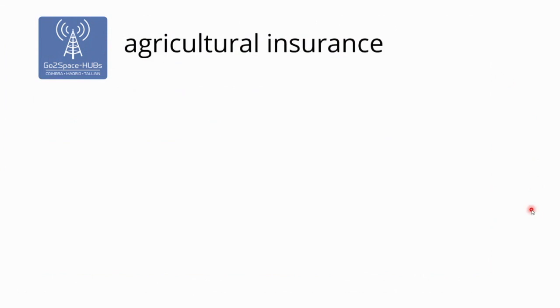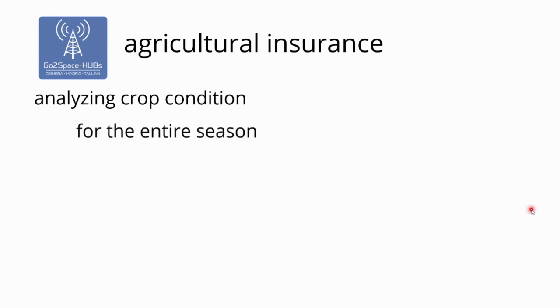Well, another way to use remote sensing. Of course, we know that using satellite images we can analyze crop condition. We can use, for example, vegetation indices to do it. But what's important, especially when we use Sentinel data, because what I forgot to say, and it's a very important thing, is that Sentinel satellites take images continuously.